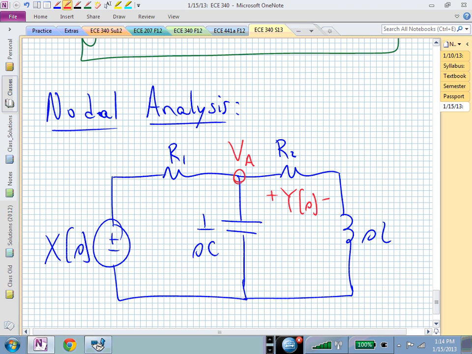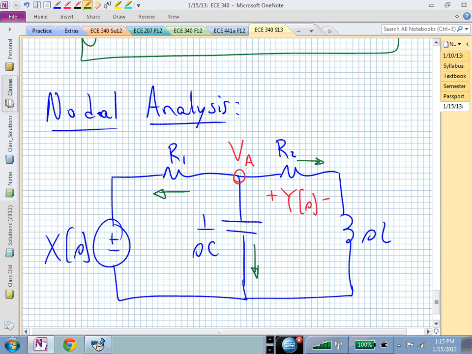That's my only unknown, V sub A. Let me now find an equation: I can just write KCL at that node to get one equation in terms of this one unknown, capital V sub A. If I'm doing KCL, then I need this current, this current, and this current. And again, I'm working in the frequency domain.